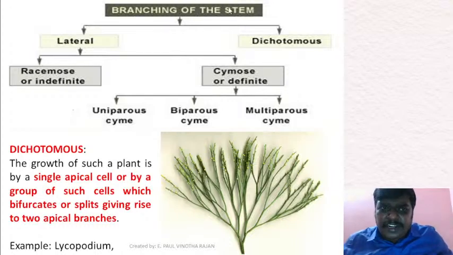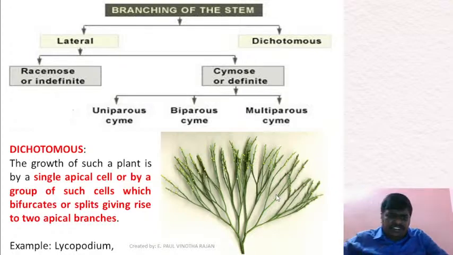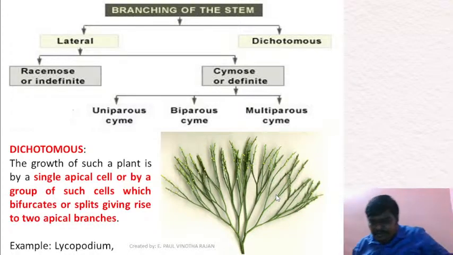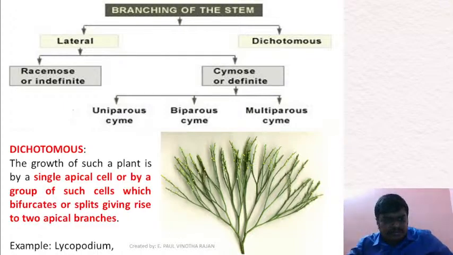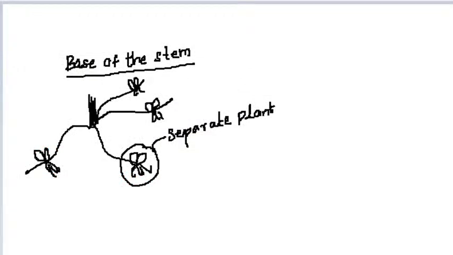So first let me explain about the dichotomous. In the dichotomous, you can see it here. If you observe this type of branching in the stem, one main stem will be there. It splits and gives rise to two apical branches. One apical branch divides into two.